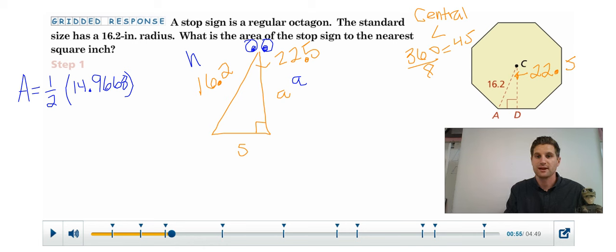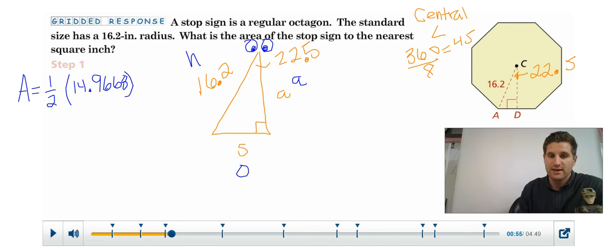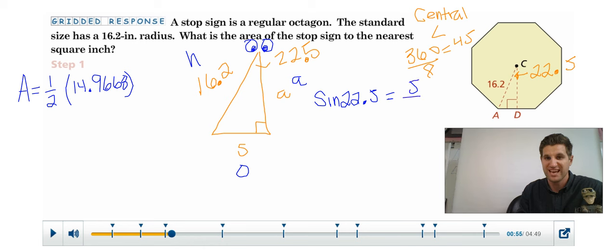Okay. Now we want to find our opposite, so we're going to find our side length. And to do that, we are going to use opposite and hypotenuse. That's going to be the sine of 22.5 equals 5 over, or sorry, not 5, that's an S. Wow, good thing my S's look really good. Let's do that again. This is S for side and 16.2 on the hypotenuse.